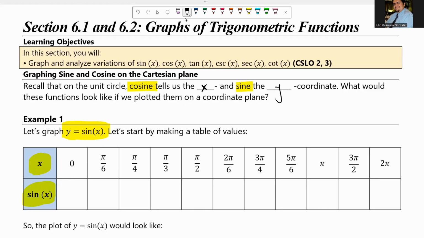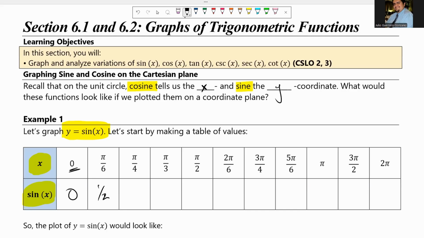So to start, if we take a look at the angle 0, we see that the y portion of that is 0. If we keep on going up, we're going in the positive direction. If we go to pi over 6, that is going to be 1/2.